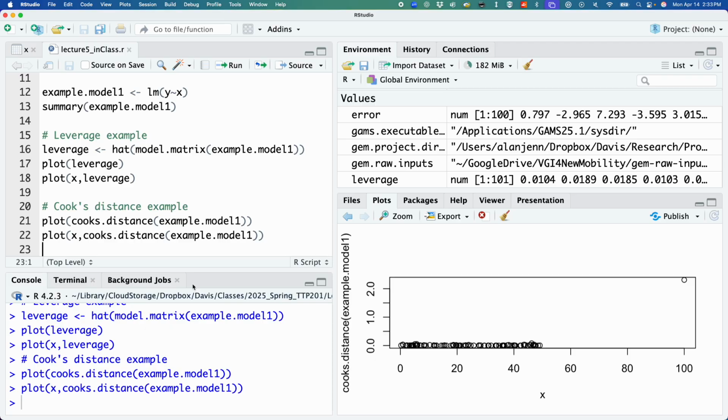Can you explain why, when you put leverage across the axis, it's like a parabolic shape? Yeah, that's the seesaw thing that I was talking about. The parabolic nature is the fact that points on the ends of your x range tend to have a larger influence on your leverage than points in the middle.